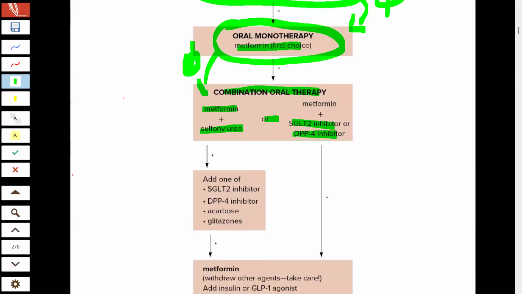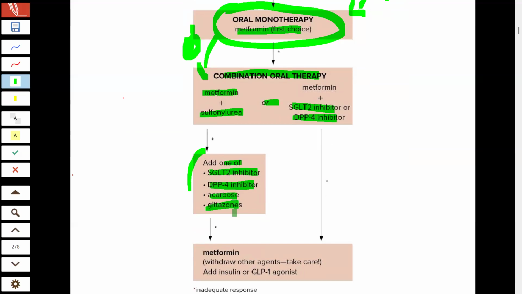Then we will add one of the SGLT2 inhibitor, DPP4 inhibitor, acarbose or glitazone. Any drug, a third drug we will add. Like this, we have to add and see the response of the treatment.